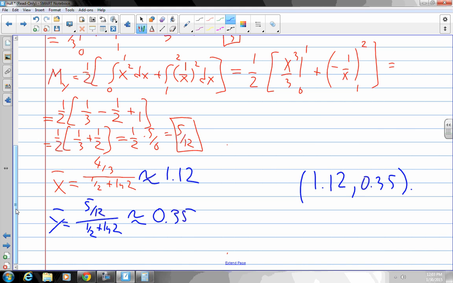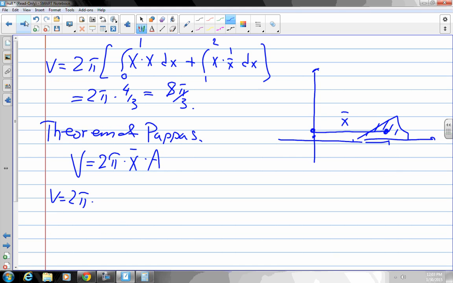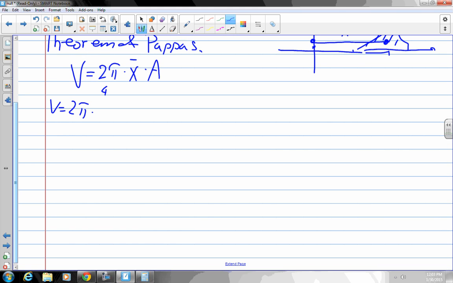Because it came out ugly, but it's 4/3 divided by the area. So it's 2 pi times 4/3 divided by the area, but then times the area. So I'm not going to really plug in the natural log of 2 because I know this will cancel. So that's just 2 pi times 4/3. So 8 pi over 3. Right?